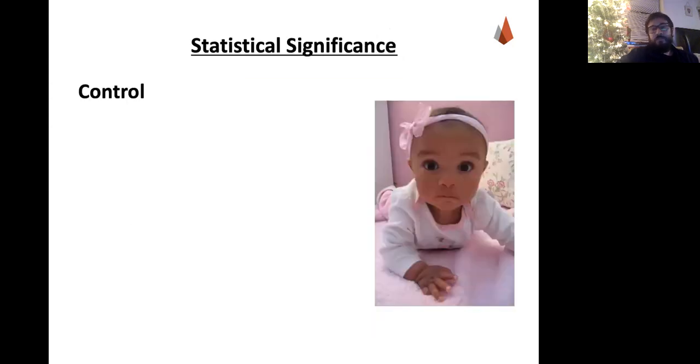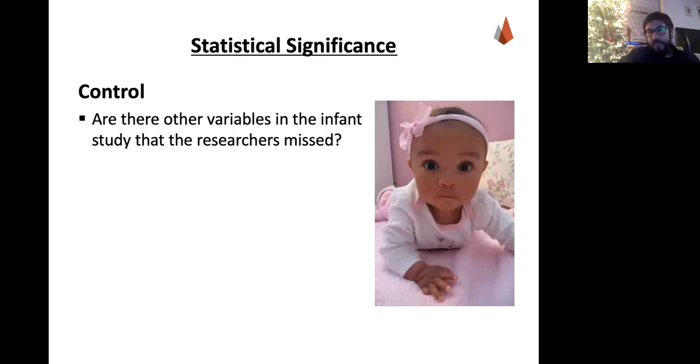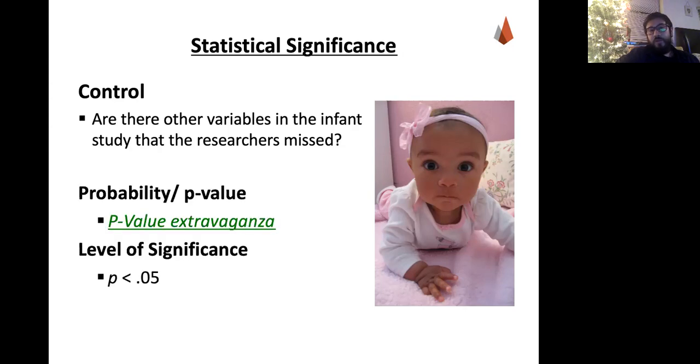So for example, anytime you do research and you hear about significance, what does that mean? Let's say you do a study, right? And you're doing a study on infants, and you want to find out whether infants vary on a particular characteristic. Well, you also have to look at whether there are other variables of interest that the researcher missed.